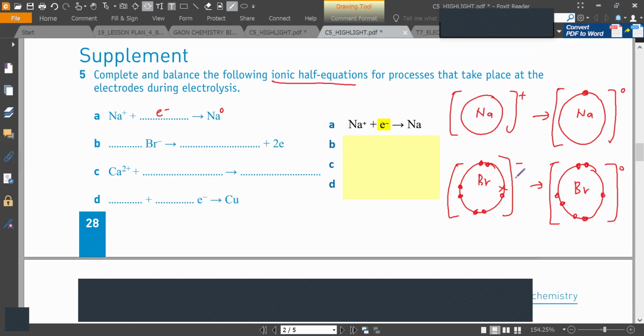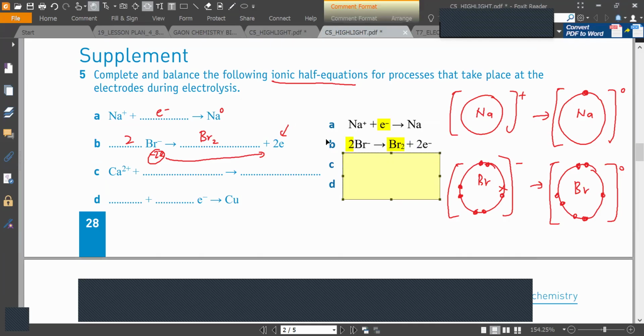So it will basically minus 1 electron, but because we have 2 of them, it will minus 2 electrons, to get the Br2. Like this.